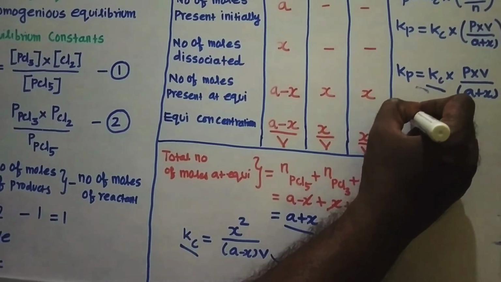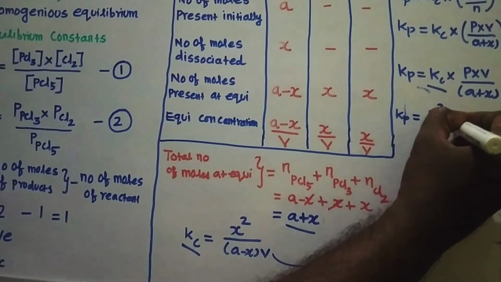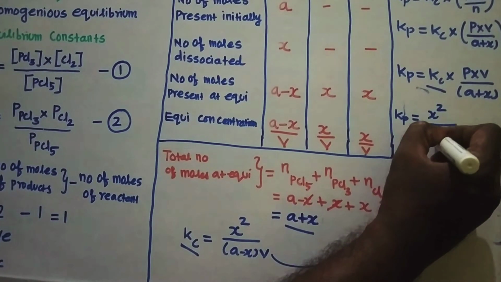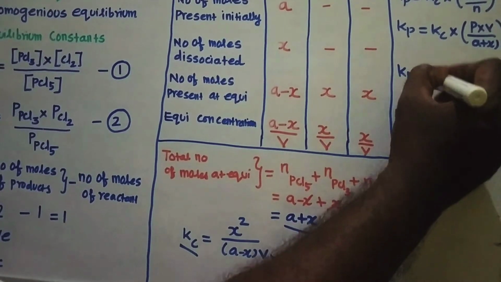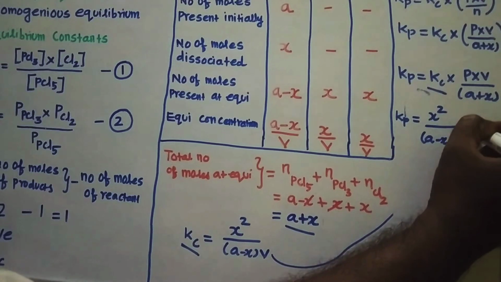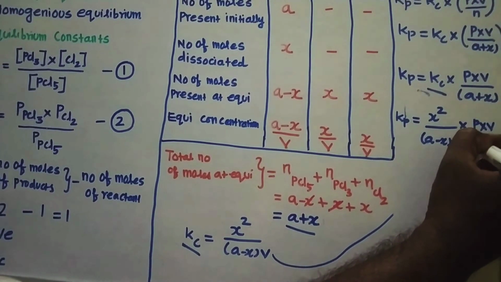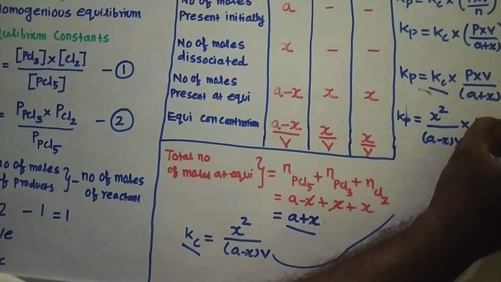Kp is equal to X squared divided by (A minus X) into V, this being the value of Kc, into P into V divided by A plus X. This V and V cancel each other.